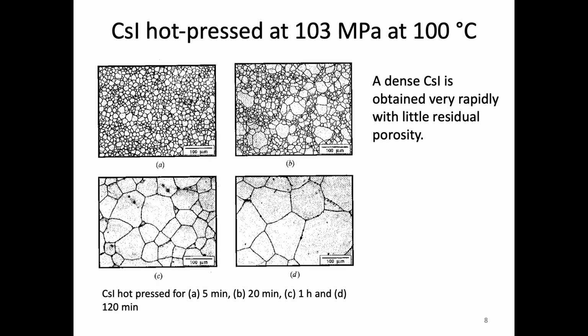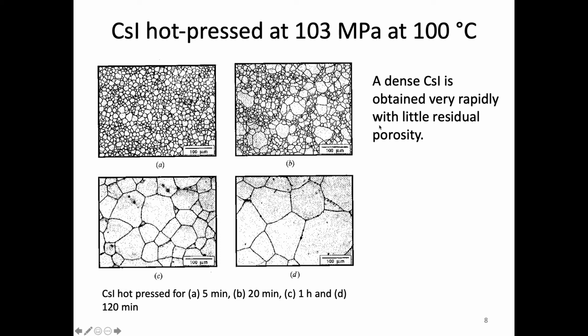But let's look at, again, the advantages here. This is cesium iodide that is hot pressed at 103 megapascals. This is basically within the realm that we did in the lab, and it's done at 100 degrees Celsius. Typically, another advantage of hot pressing is that the sintering temperatures go down from what the normal solid state sintering would be.